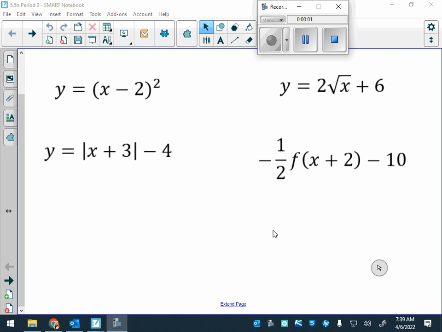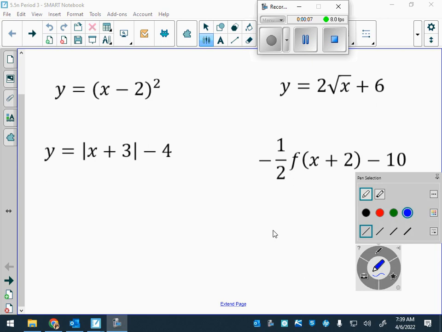For the first one, first of all, what is the parent function? Finn? X squared, so this is a quadratic. Good. What's changing about the graph? What direction are we moving in?